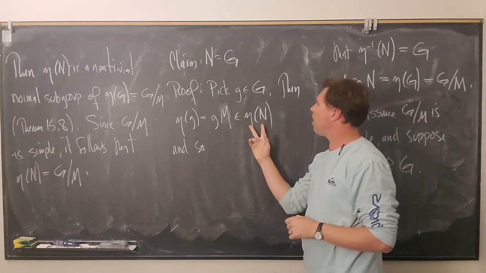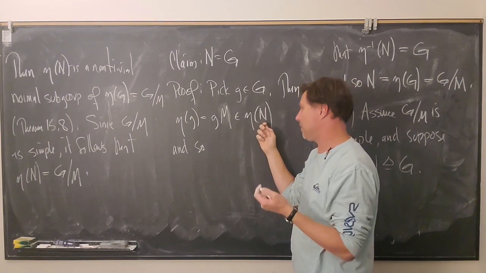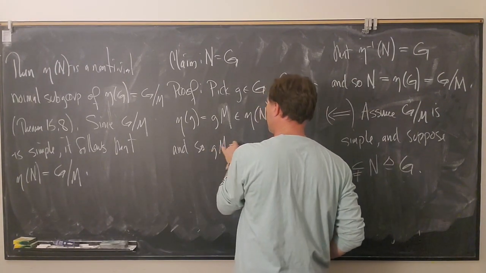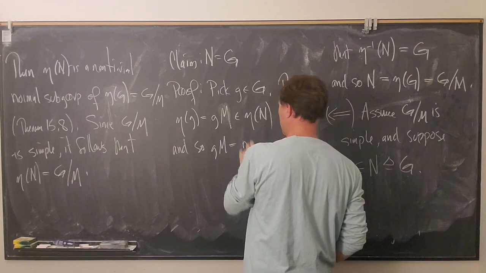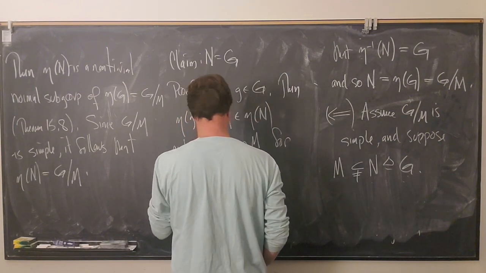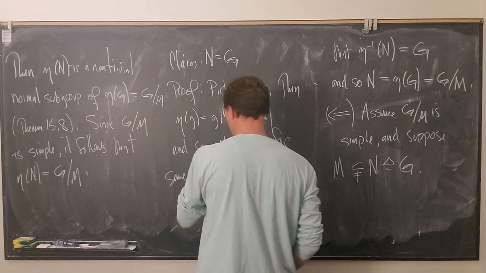It looks like all cosets of the form little n times capital M. And so what that means is that gM is equal to nM for some n in capital N.